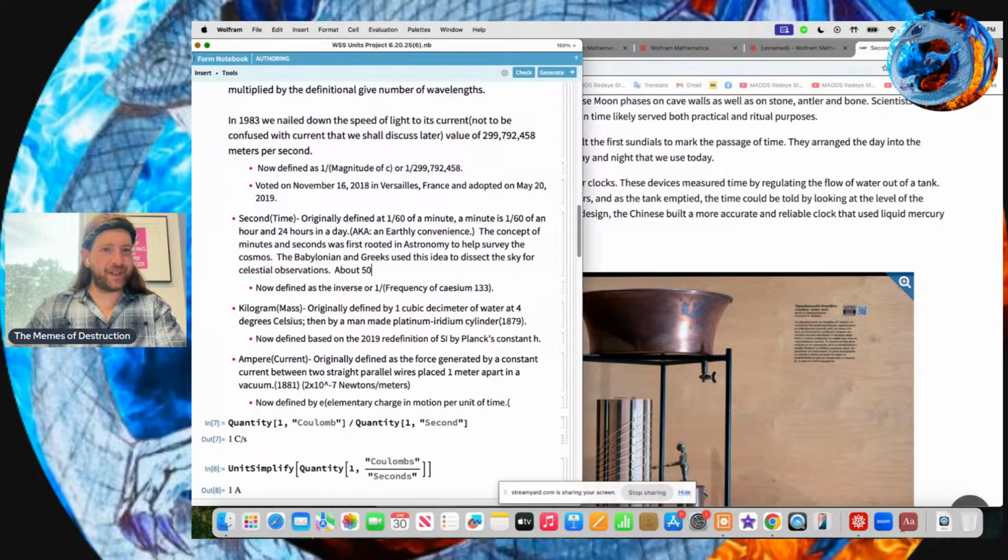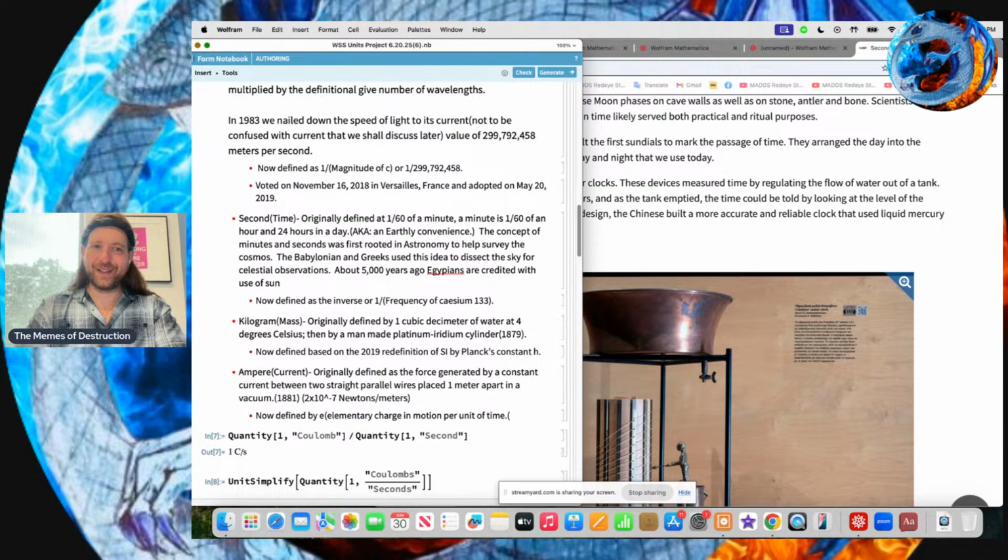About 5,000. Oh, that's 7 millennia ago. About 5,000 years ago, Egyptians are credited with use of sundials to note the progression of time.